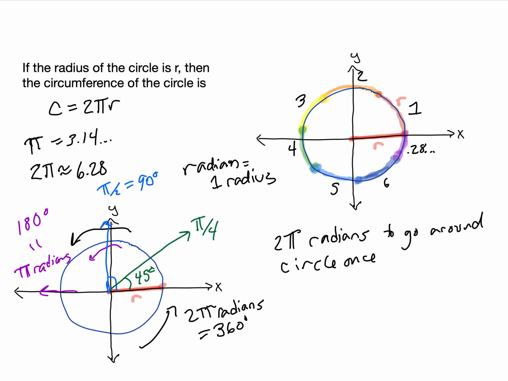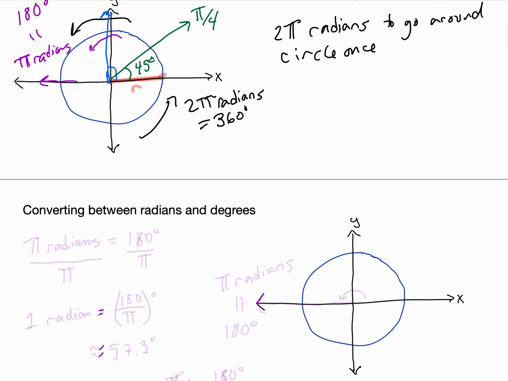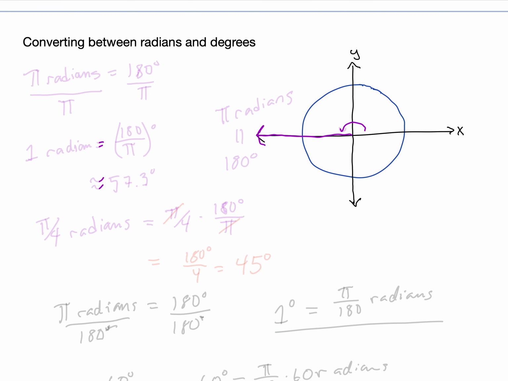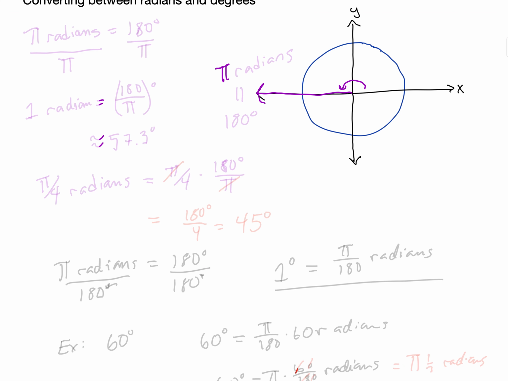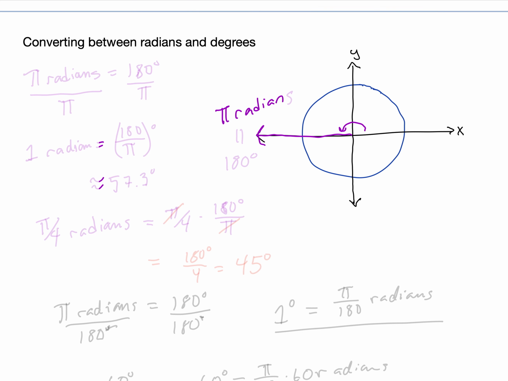So that's radians and degrees, and that's what a radian is: one radius of the circle that it is on. The fact that an angle of pi radians, going halfway around the circle, is equal to 180 degrees gives us a way to convert between radians and degrees.